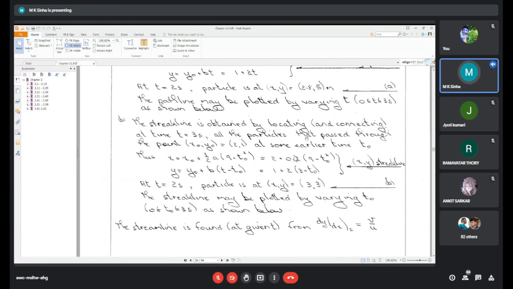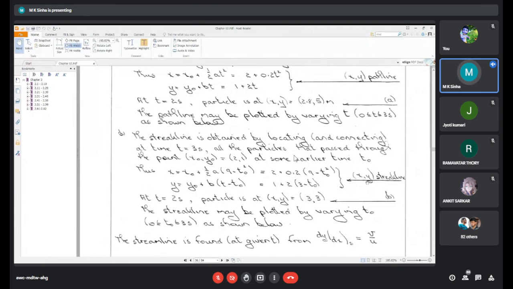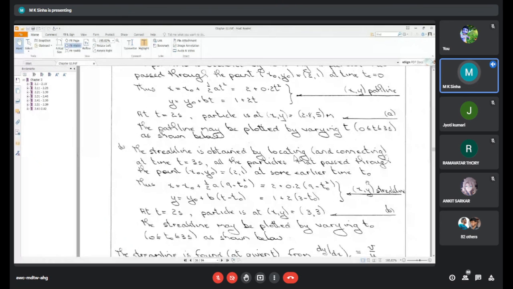This is very interesting here. This is the streak line. This is your path line, 2 plus 0.2 t square, and here 2 plus 0.2 (3 minus t0) squared, and 1 plus 2 (3 minus t naught). This is your streak line.